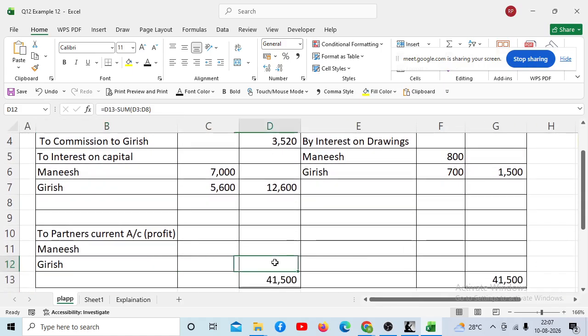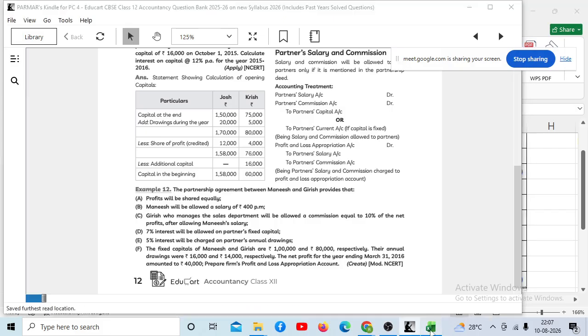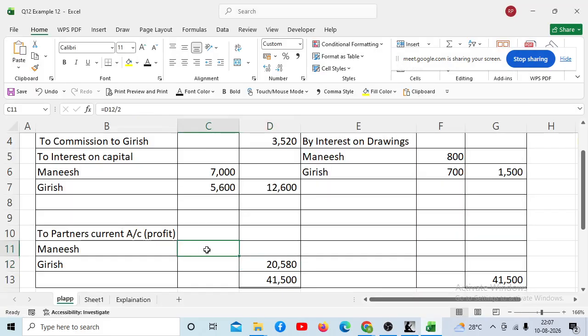Now this will be divided. How are they telling us? It is to be divided equally. So divide this equally: 10,290 and 10,290.